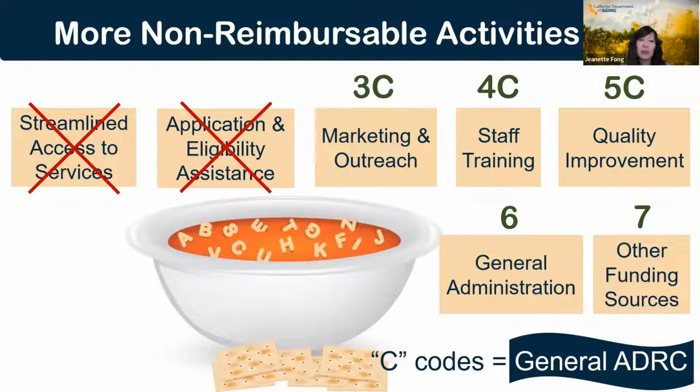Another example is if, say, you are a provider of CCT, which is the California Community Transitions Program, and you spend a certain number of hours developing a transition plan for a client. Well, your AAA or ILC may already be getting reimbursed for those hours directly by DHCS.